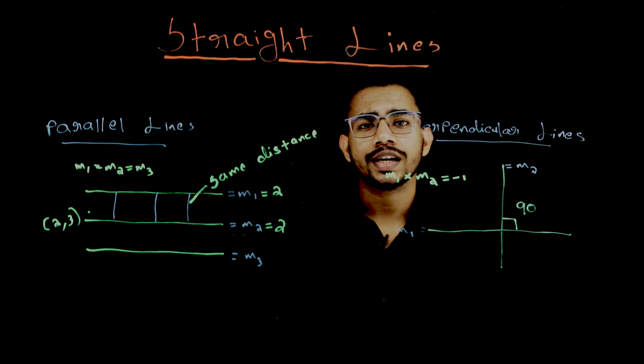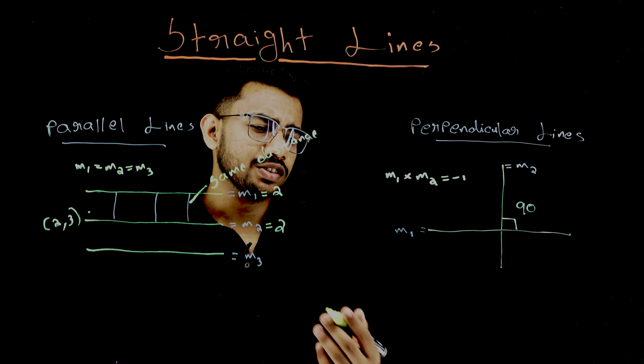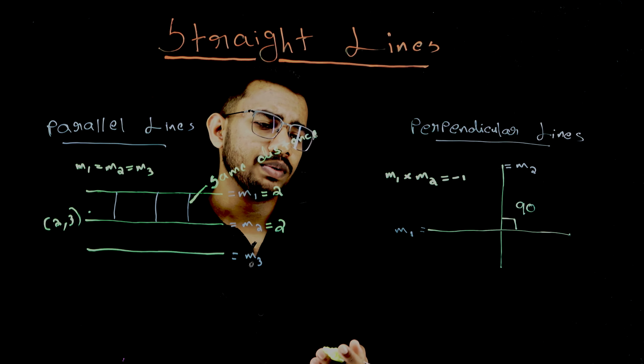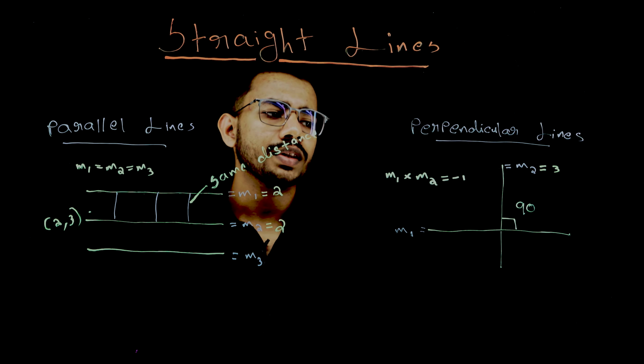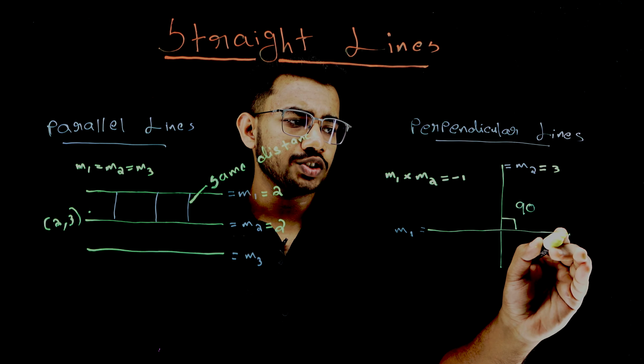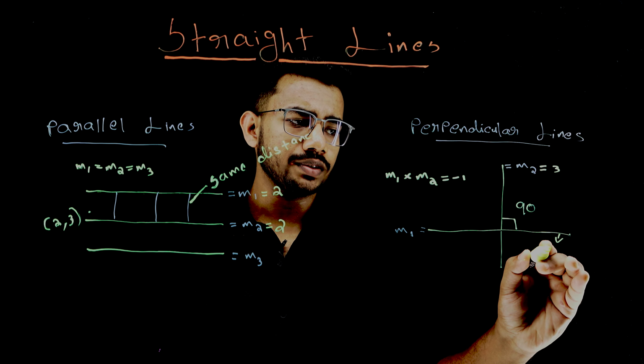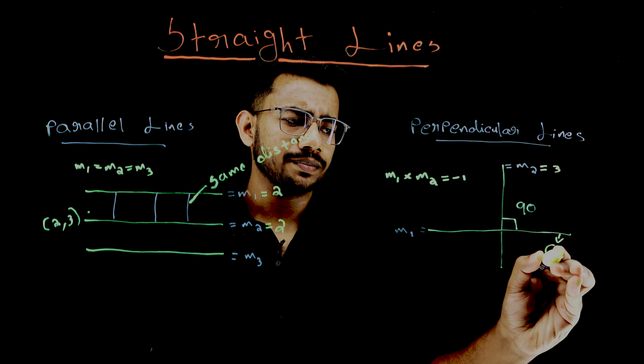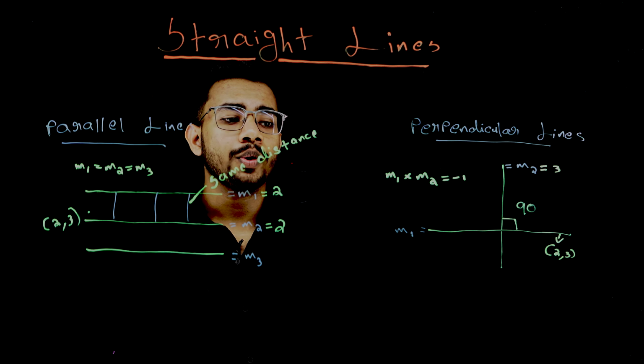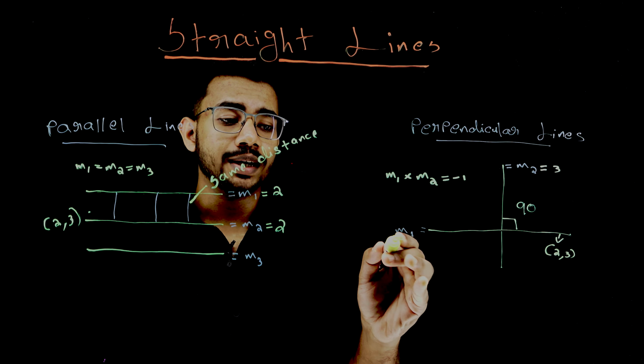In the same way, in the case of perpendicular lines, one example is that they can give m2 as 3, and ask us to find this particular line's equation, and they can give either a point or intercepts. Let's say here also they give the point (2, 3). Now I have the point, but I need to find m1.